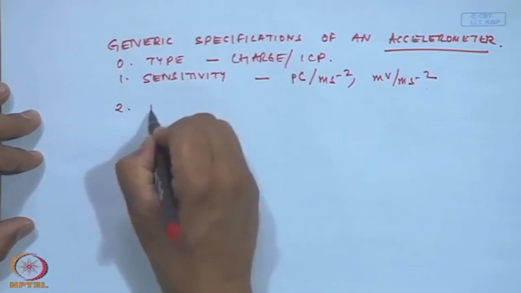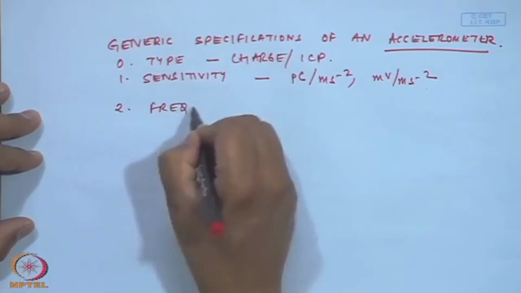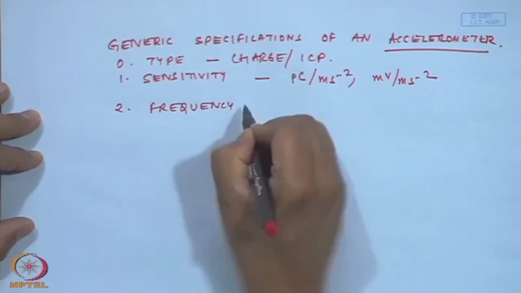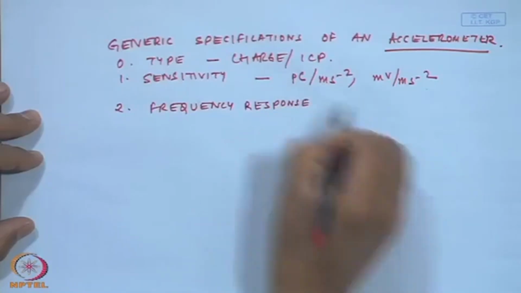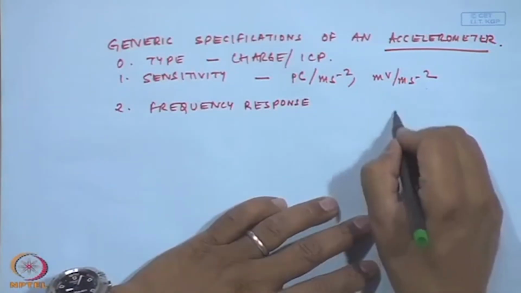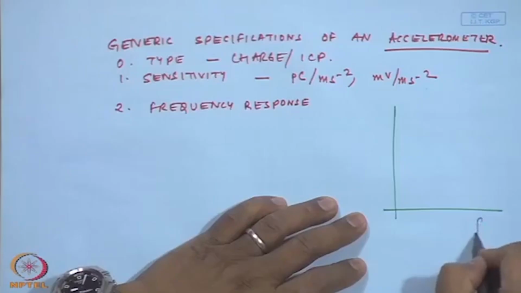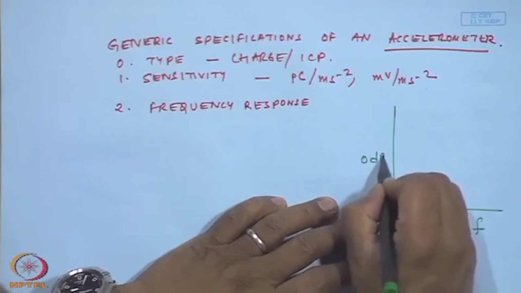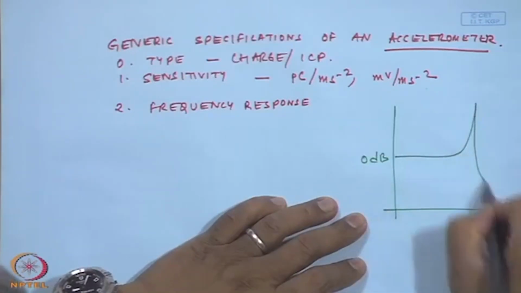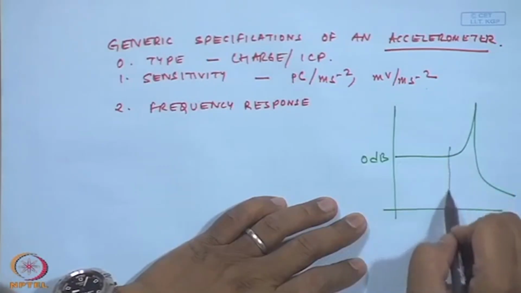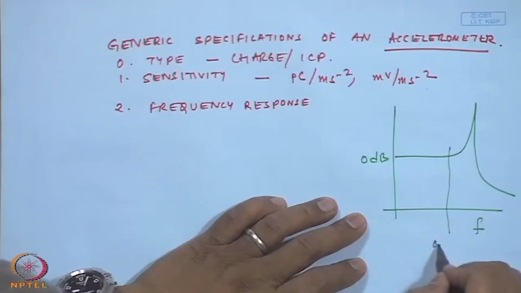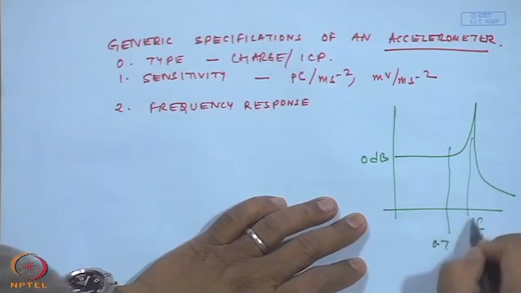Next important is the frequency response. By frequency response, I mean that every transducer is also a mechanical system. So, this is also going to have its natural frequency. Measurements are good up to about 0.7 times its natural frequency, 0.7 Fn.